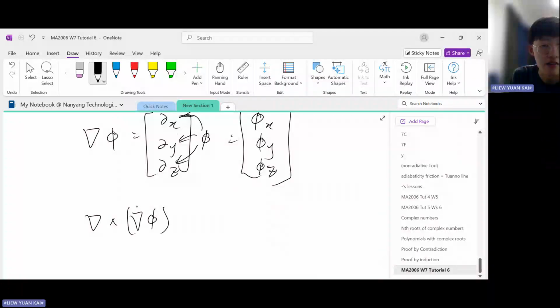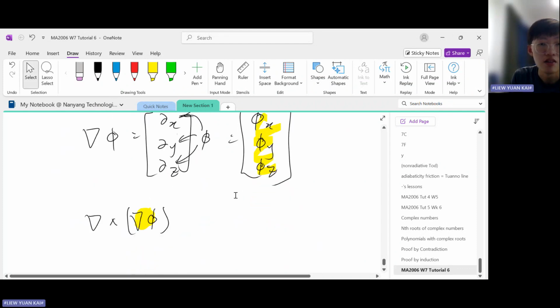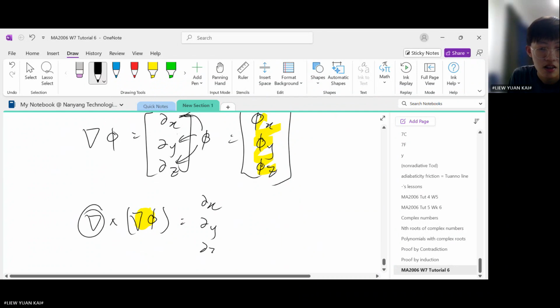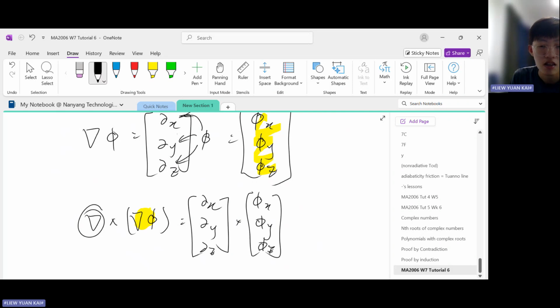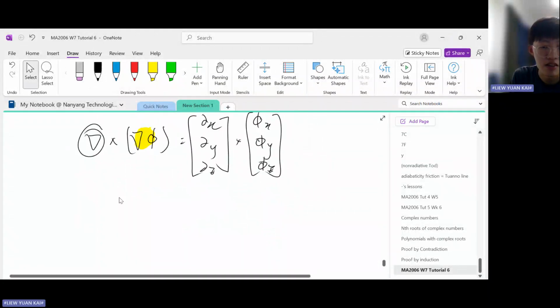I'm going to replace this with the result we got, and also replace nabla with its definition. So we need to find the cross product of these two vectors. To do so, we need to find the determinant of this structure.